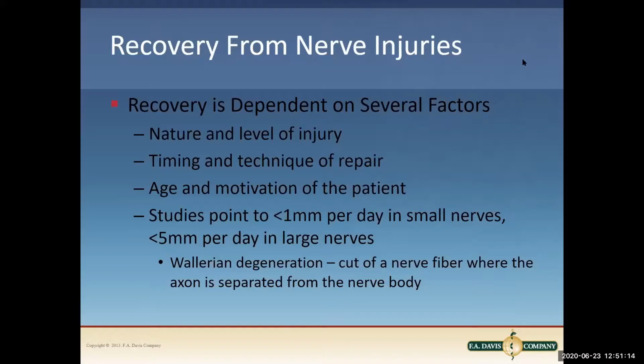If you see on your boards where they're talking about Wallerian degeneration, this is where the axon is completely pulled off the nerve body. If it is completely separated from the nerve body, most times with Wallerian degeneration, it's not going to go back. And if that nerve is ripped right off the cell body, they're going to have instantaneous loss of something. So if the musculocutaneous nerve gets a Wallerian degeneration where that axon just rips right off, now that cell body is going to be trying to send signals, right?